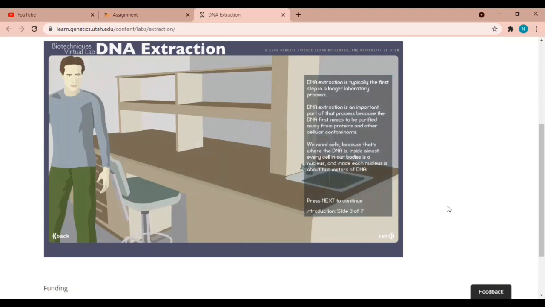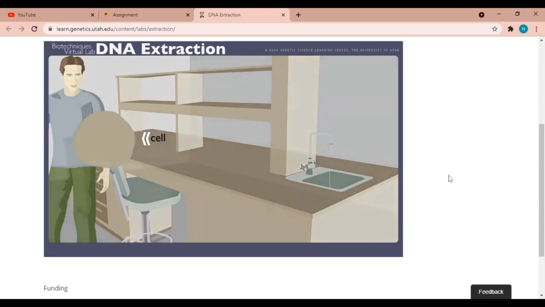DNA extraction is typically the first step in a longer laboratory process. It is an important part of that process because the DNA first needs to be purified away from proteins and other cellular contaminants. So, press next.